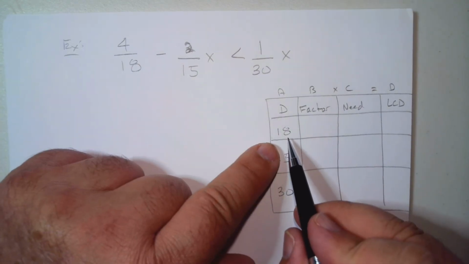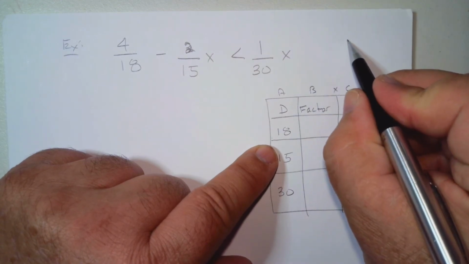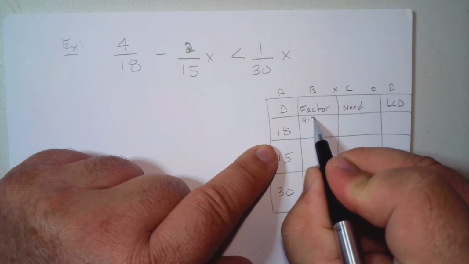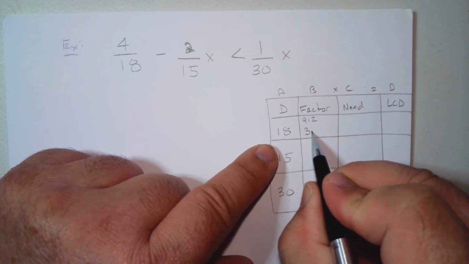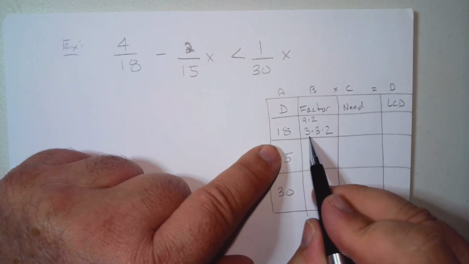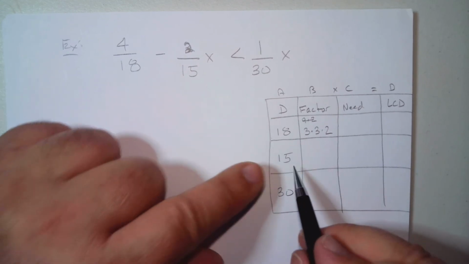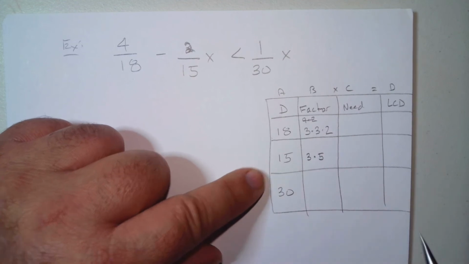So, what is 18 made up of? 18 is made up of 9 times 2. 9 is made up of 3 times 3, so 18 is 3 times 3 times 2. 15 is 3 times 5.